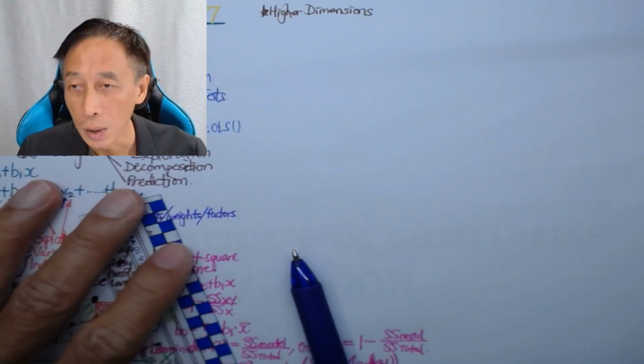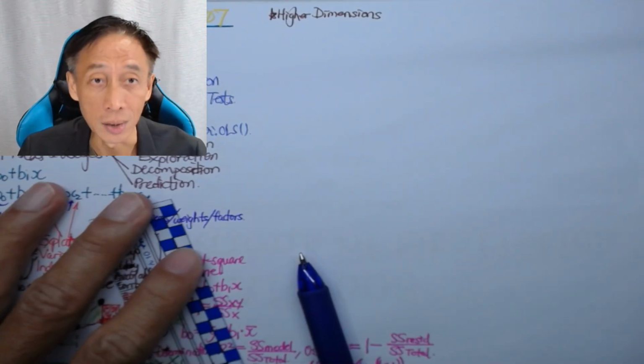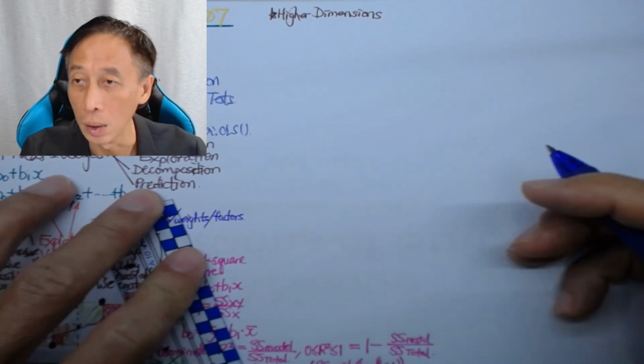So at this point, what is the sort of theoretical support? Does it work? And of course, it better work, right?